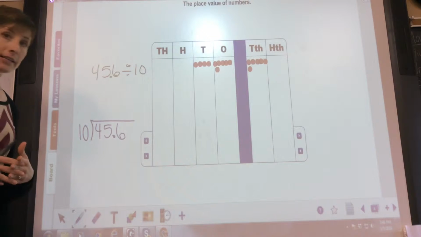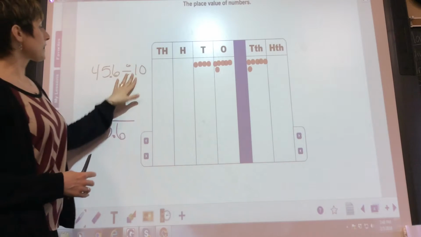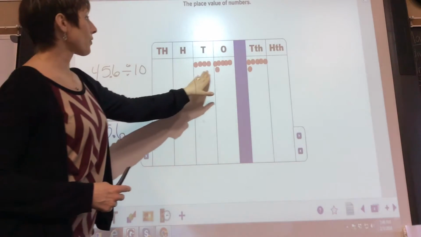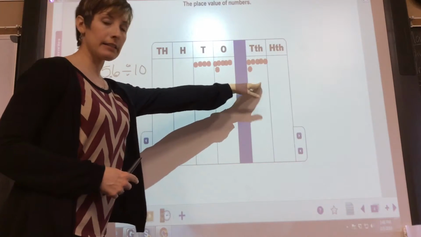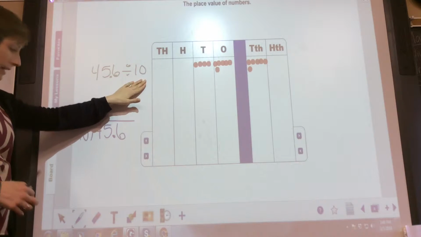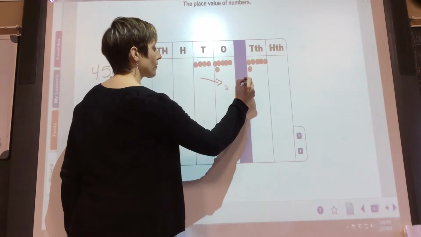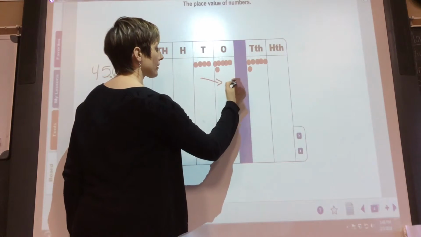All right, now it gets a little bit trickier. Let's think of the problem as 45 and 6/10. We're going to take our 45 and 6/10 and divide this by 10. Look at your place value chart and just slide everything over one place value, and you should see your answer.